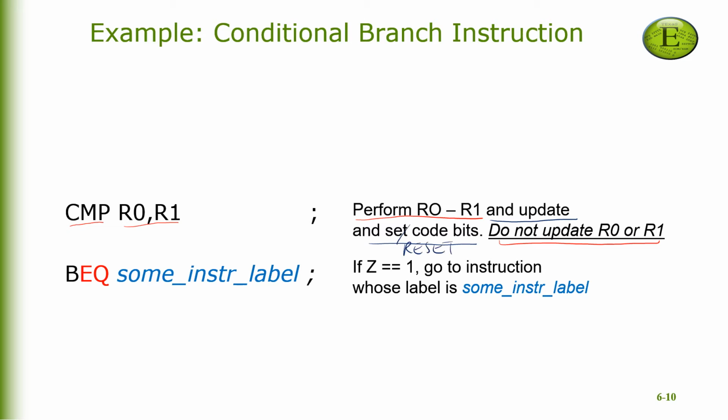So compare instruction only updates the code bits, and those code bits are used in the following conditional branch instruction. An example we saw in the last slide, BEQ, is going to check the Z flag and jump to some instruction whose label is some instruction label if the Z flag is equal to 1.